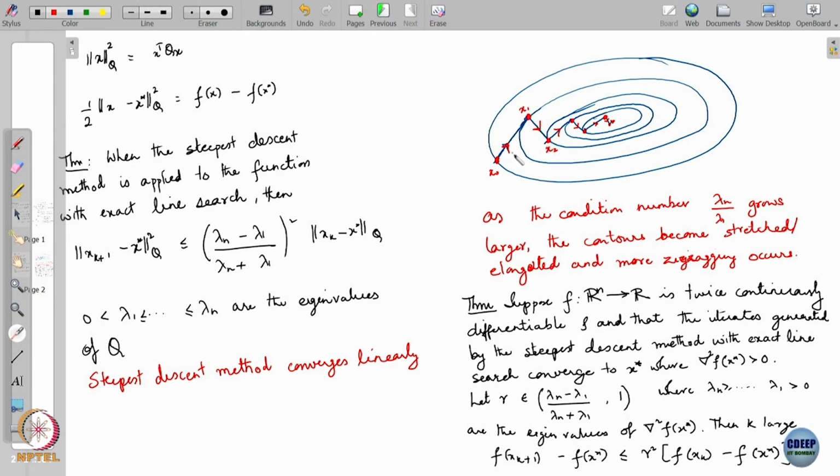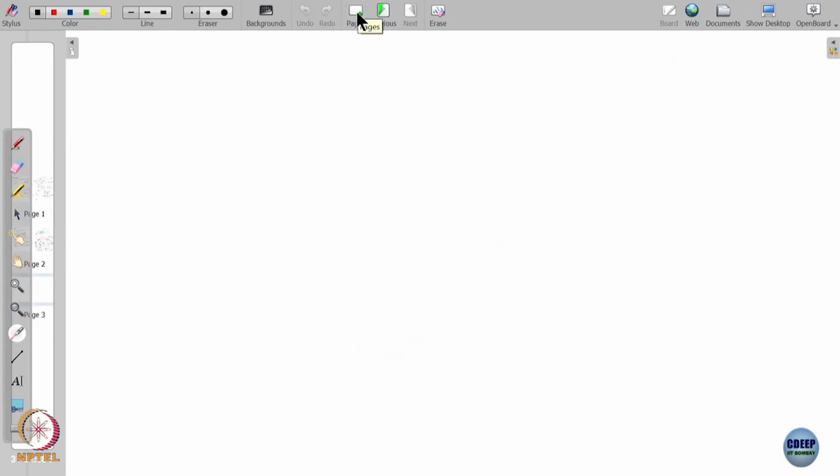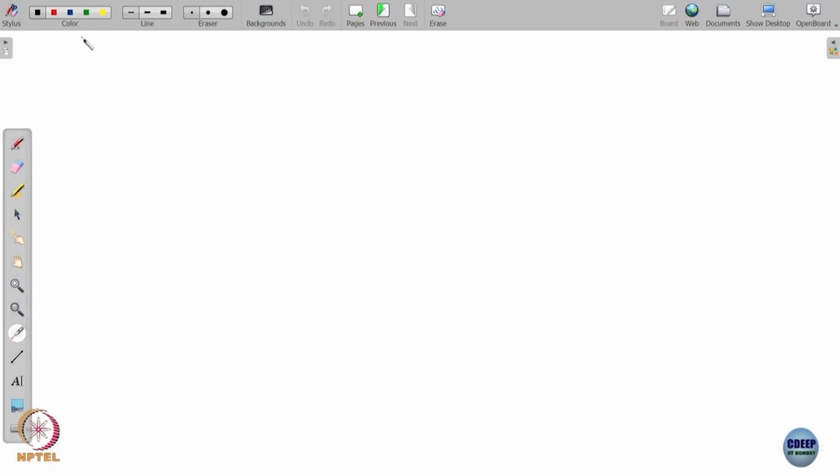So what we would need is ideally a method that, while you are sitting here itself, looks at the curvature and all this other information and identifies a better direction to move in. And that method is basically Newton's method. So that is Newton's method. Okay.